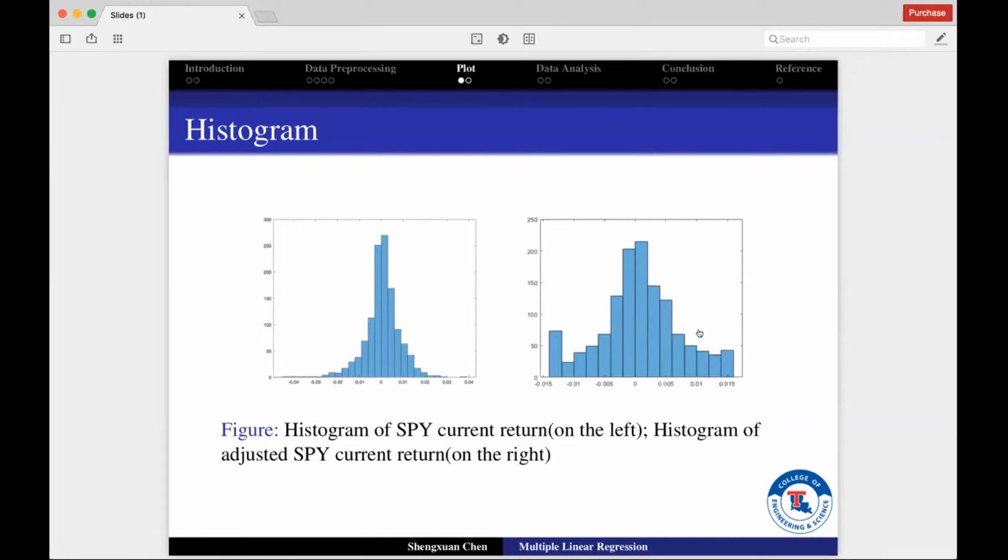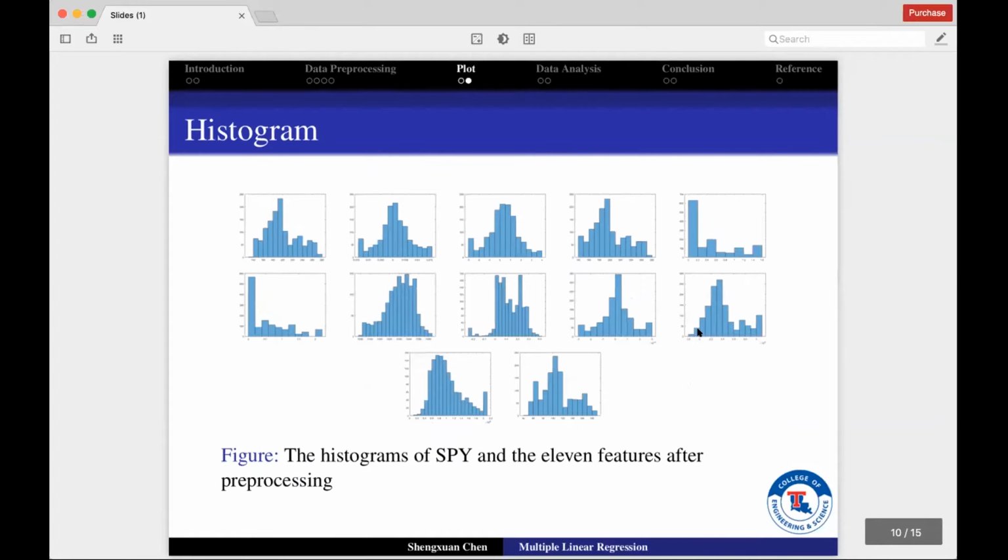The horizontal axis of the histogram after pre-processing is smaller, which shows that the data after pre-processing are more concentrated. So the 12 histograms are all after pre-processing.